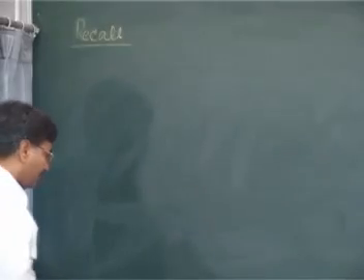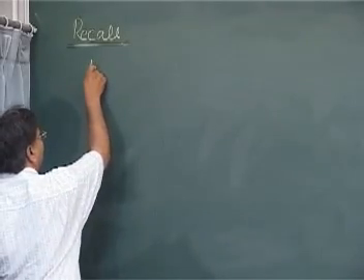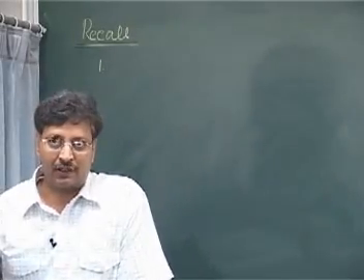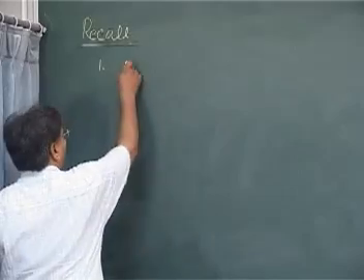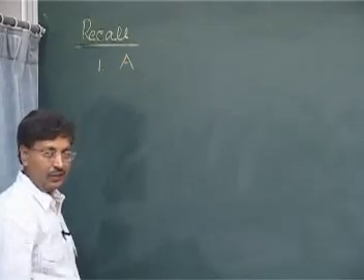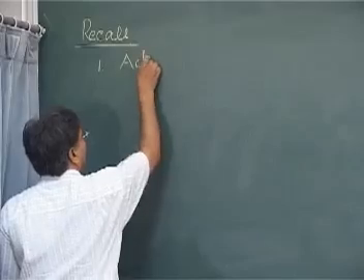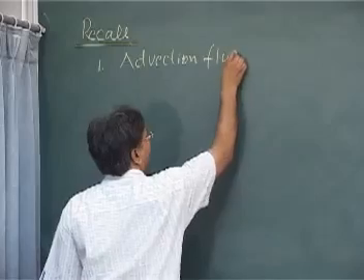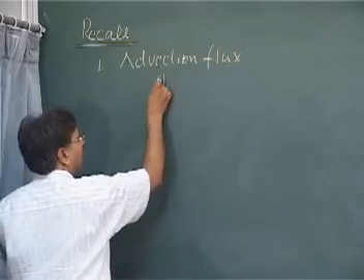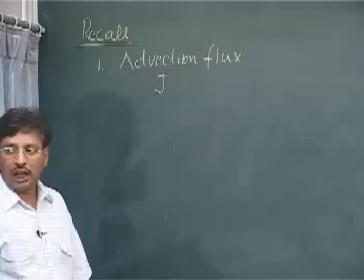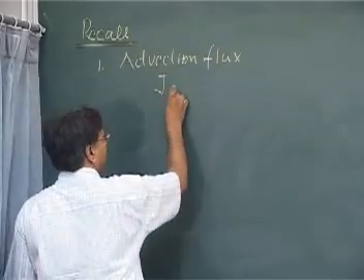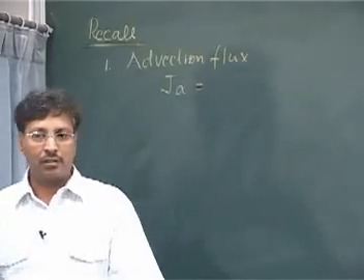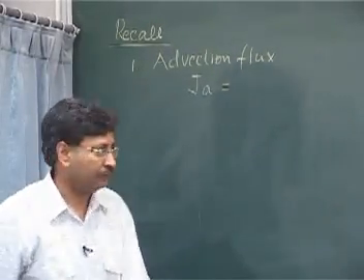The first thing we said was the advection flux, the flux of pollutant due to advection. We define that as J_A, which was equal to C u.